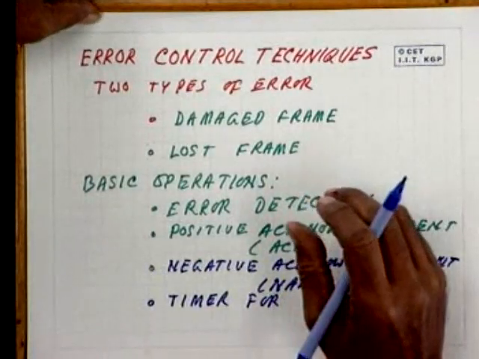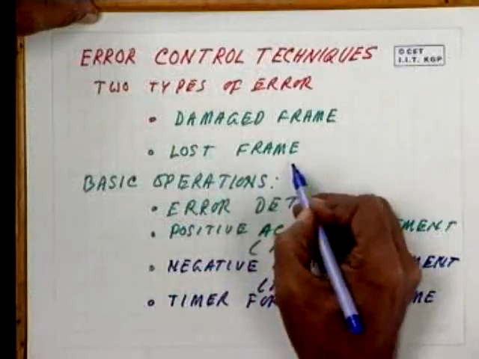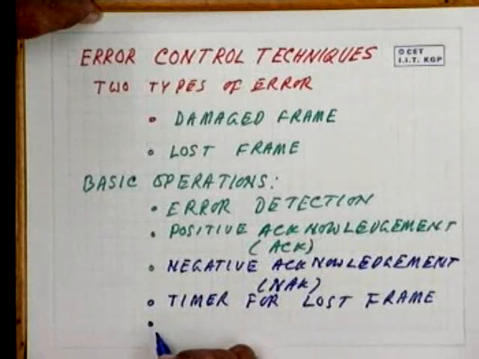Now, in case of lost frame, how does the receiver know whether it is a new frame or a retransmitted frame? To distinguish between a retransmitted frame and a new frame, another technique has to be used.